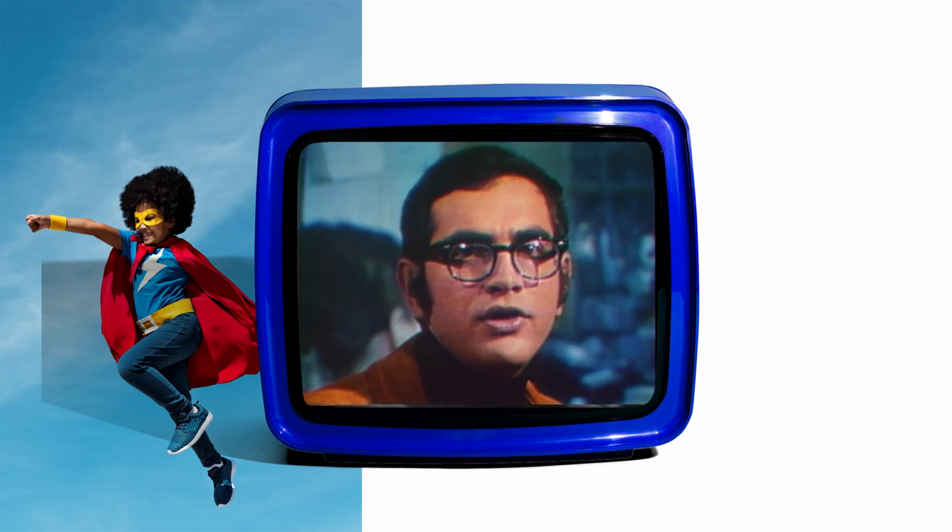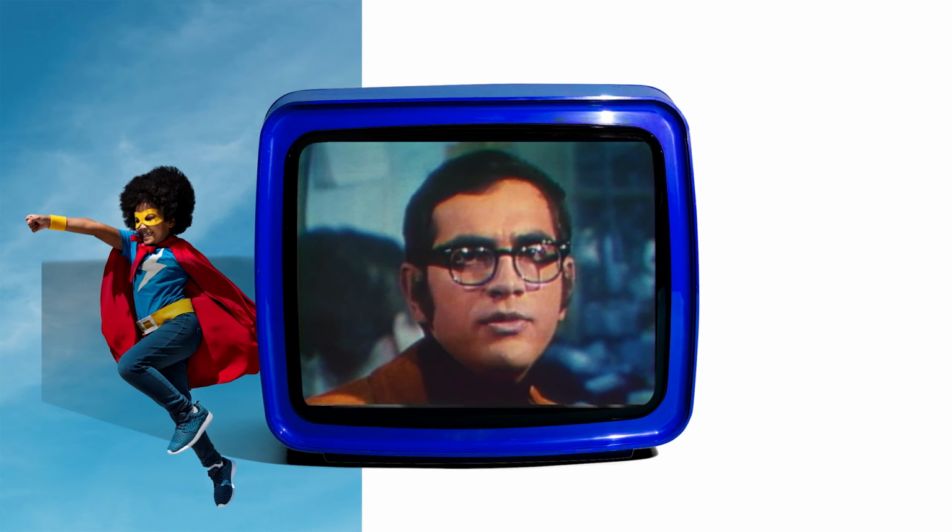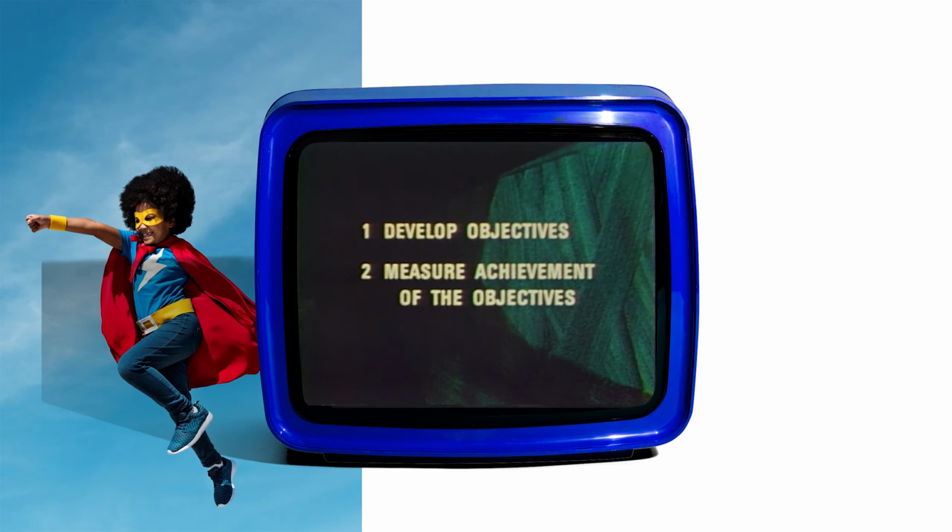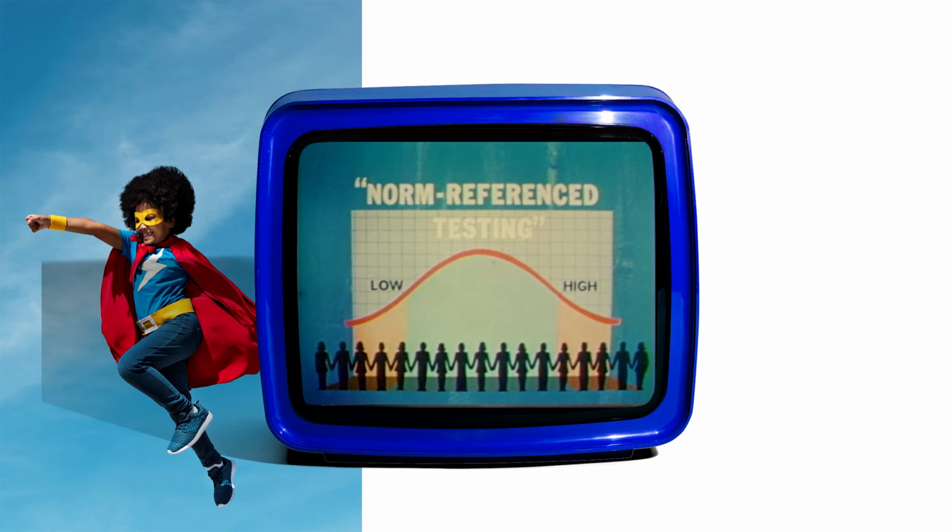The second step in determining whether a program is successful is to find out whether the student has met the objective. To do this, one needs tests that are specifically designed to measure the student's ability to accomplish these objectives. Traditionally, however, our tests have not focused on instructional outcomes, but rather have tried to measure the relative differences between students.